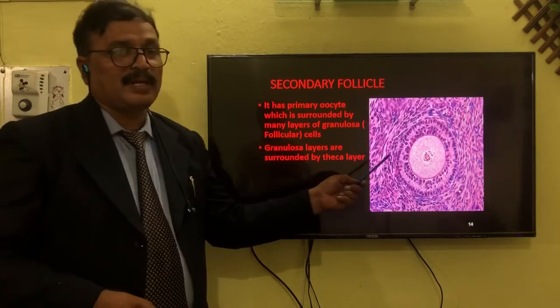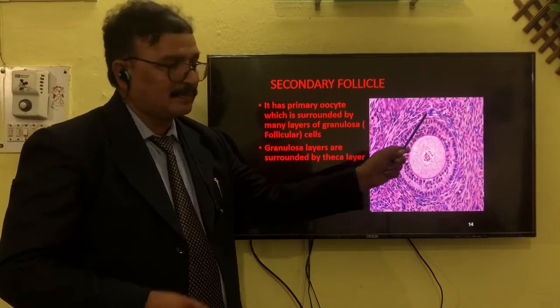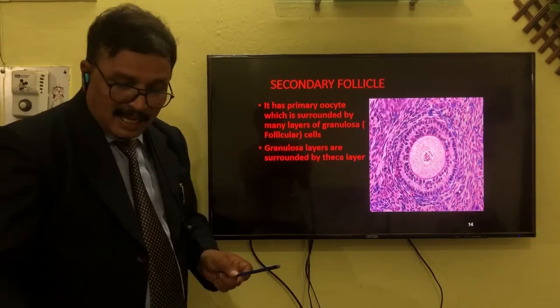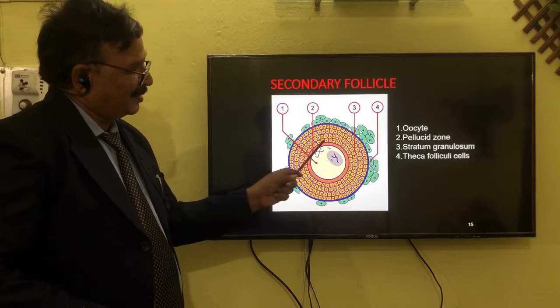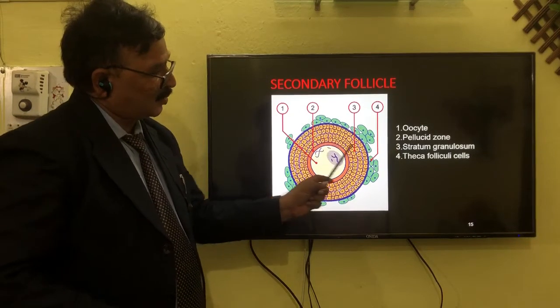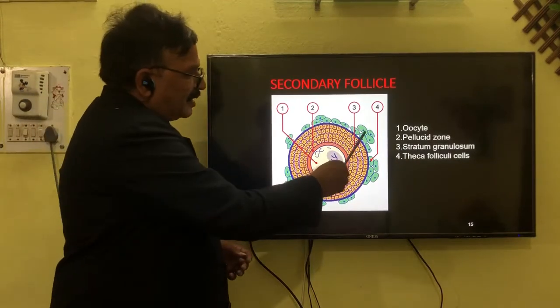Coming to secondary follicle, see, instead of one layer there are 2 or 3 layers of follicular cells. This I will show you diagrammatically here. See, many layers of follicular cells. We call them stratum granulosum. Then another layer is being formed.